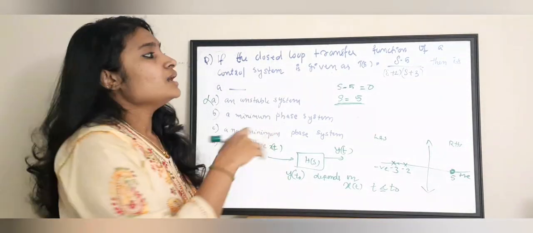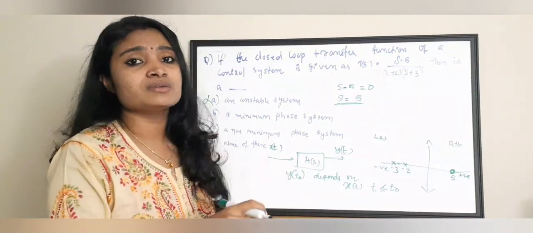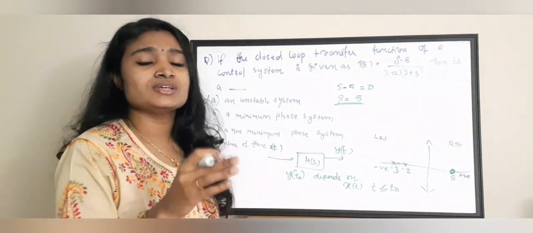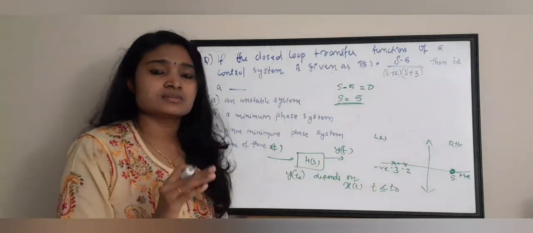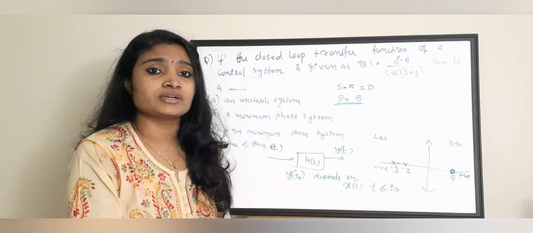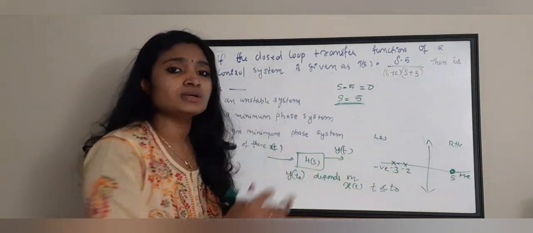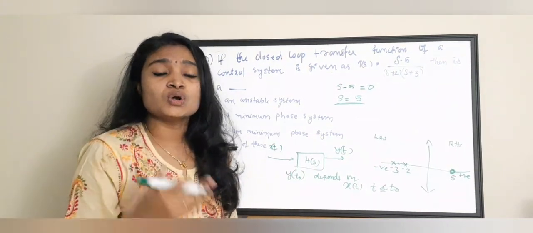By looking at the zero, we can find whether the system has minimum phase or non-minimum phase. If the zeros are lying on the stable half of the plane, then the system has minimum phase. If the zeros are on the positive side of the s plane, the system has non-minimum phase.